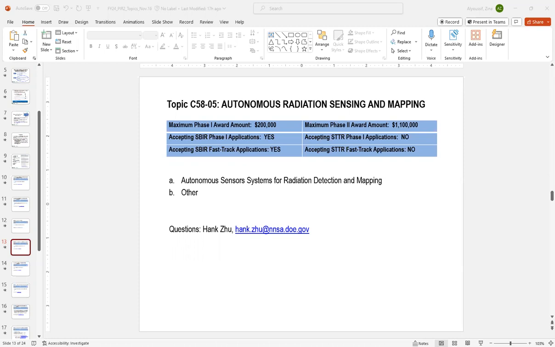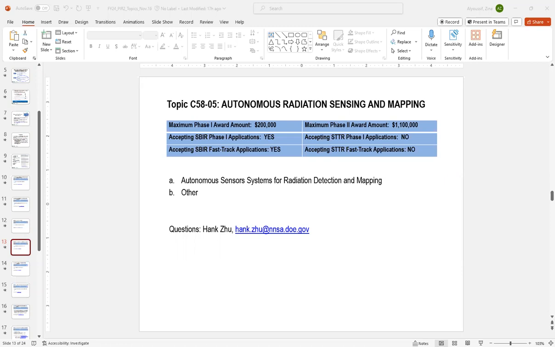Radiological and nuclear detection largely remains manual operations these days. So there's a need to fully leverage robotics and autonomy for nuclear detection for enhanced capabilities as well as human safety in many applications, not limited to NSA.